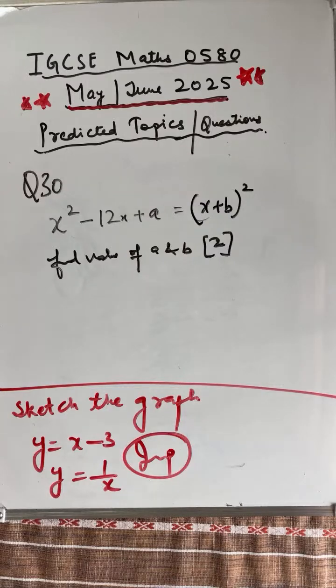That means 0580 by 22. This is your code, 0580 by 22. Paper is on May 2.